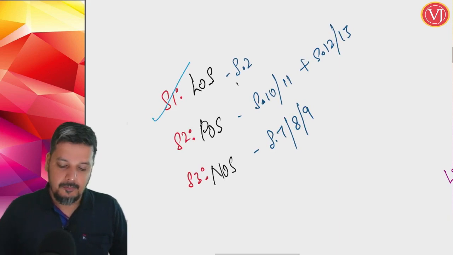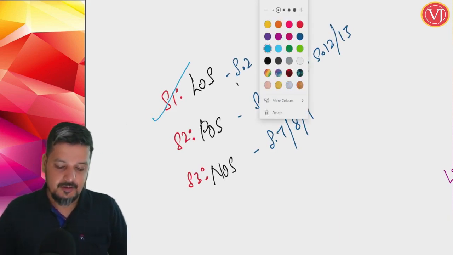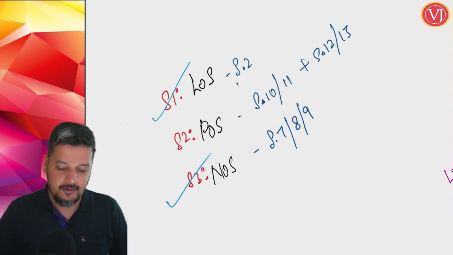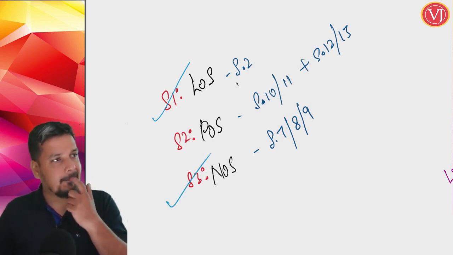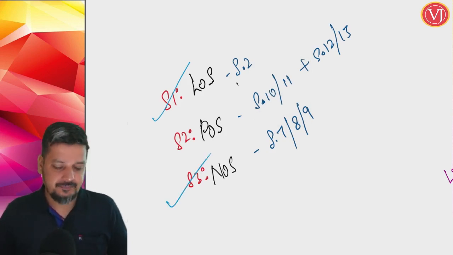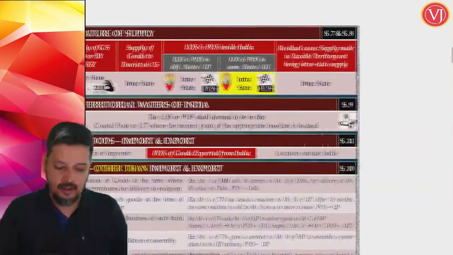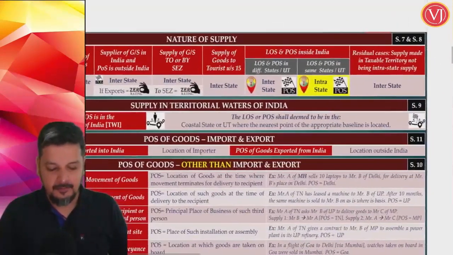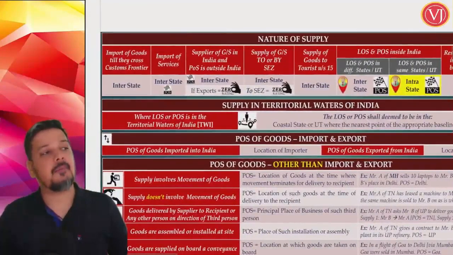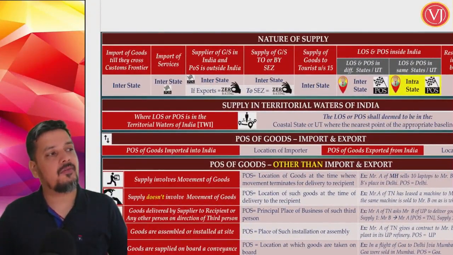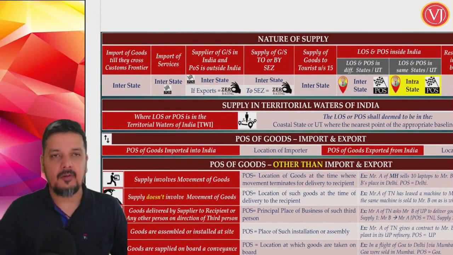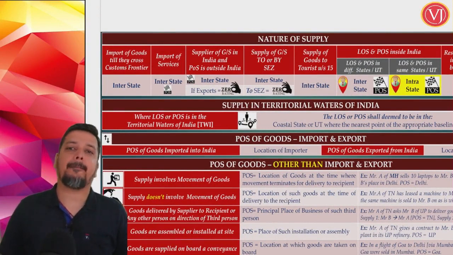Now, before seeing place of supply, first we will evaluate your nature of supply. So step number 1 is over. Before seeing step number 2, first we will see nature of supply. Till now, what was your understanding?